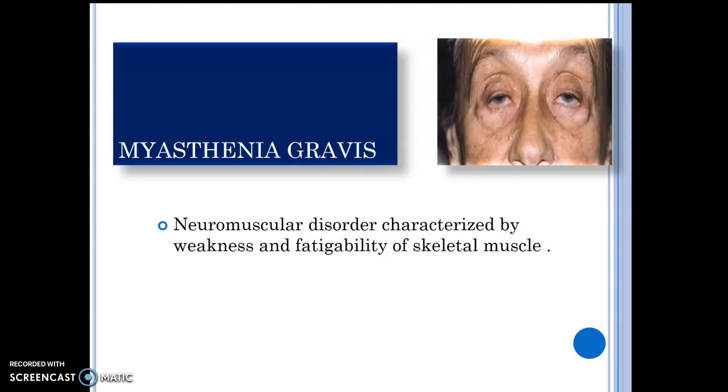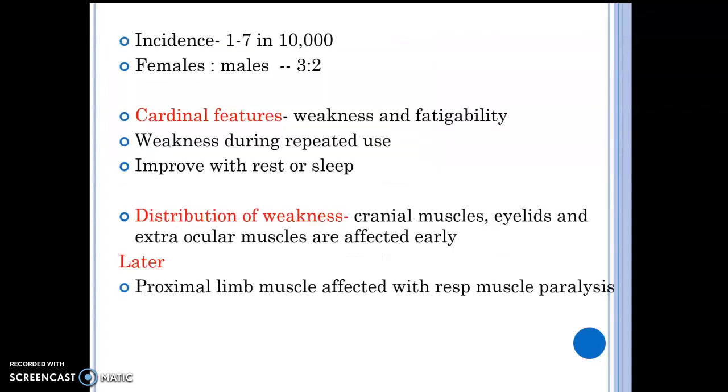Now the diseases associated with the neuromuscular junction and neuromuscular transmission. One important, most commonly affected disease is myasthenia gravis. It is an autoimmune disease, characterized by weakness and fatigability of the skeletal muscle. The incidence is more in females, and the main features are weakness and fatigability.